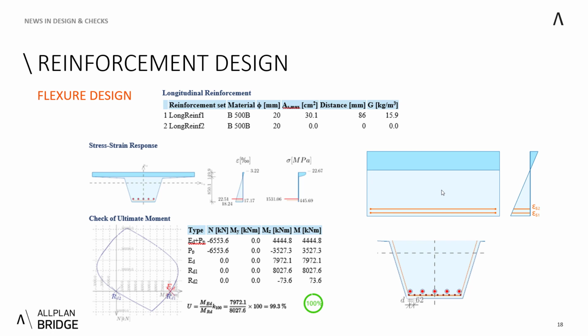And in this case, you could see that the most effective is with the epsilon S1, which is slightly bigger than epsilon S2. Therefore, the design will fill up the bottom reinforcement set first, and only when it's filled up to the maximum, then it starts to fill the reinforcement set that is above.